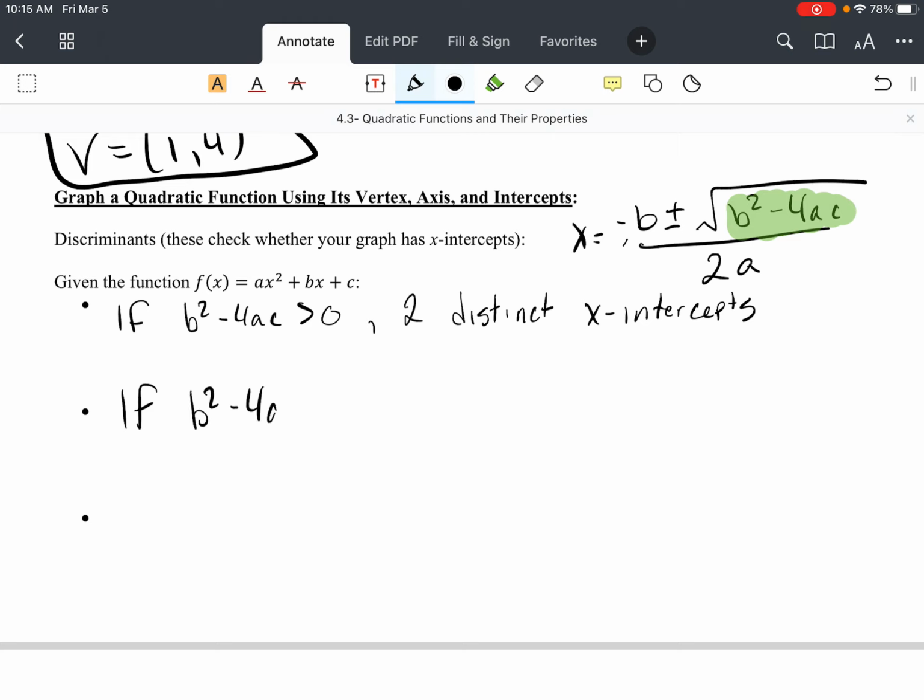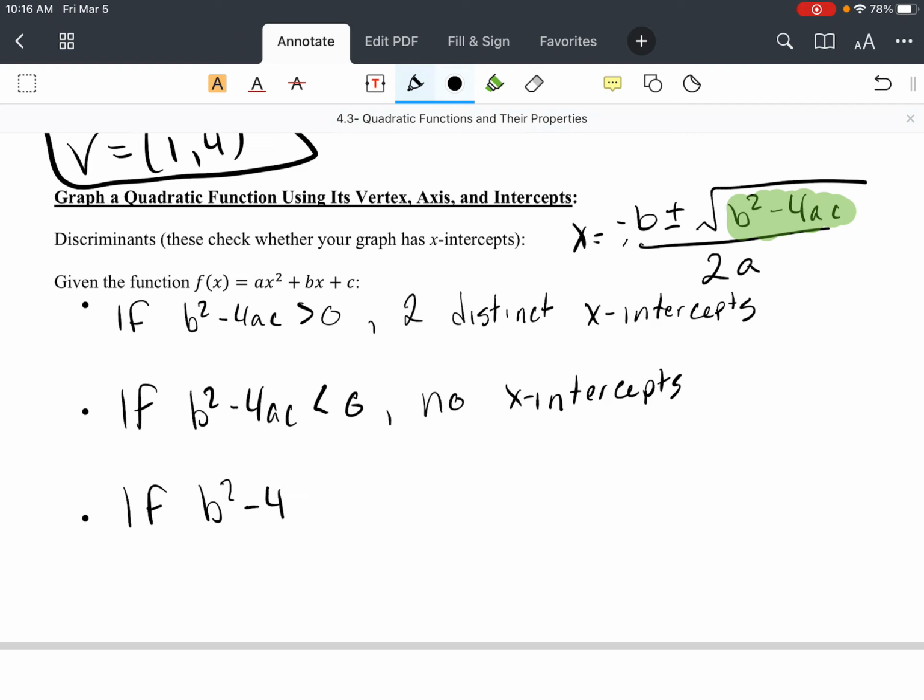If the discriminant is less than 0, you have no real x-intercepts.